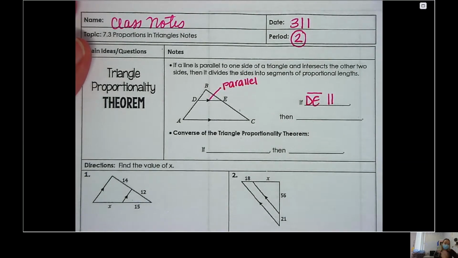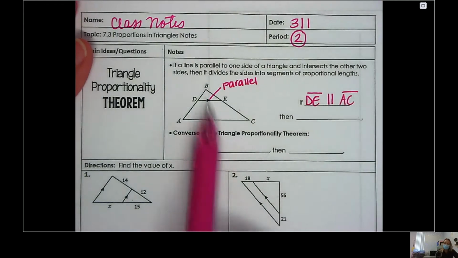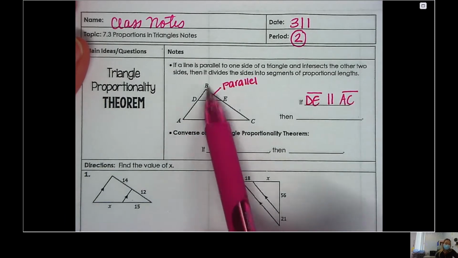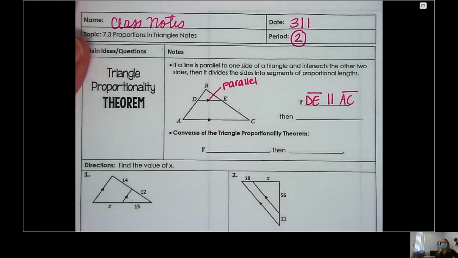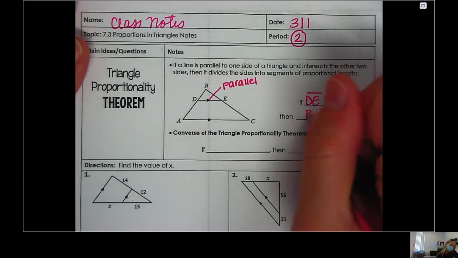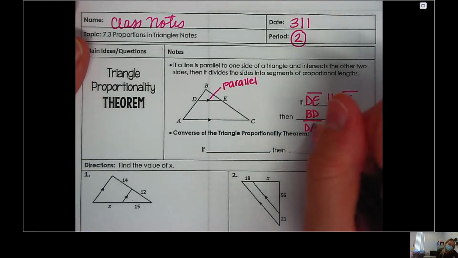So if DE is parallel to AC, then I can write a proportion or a fraction for the side lengths that are not the parallel sides. I can write a fraction for these two sides on the left, BD divided by DA.